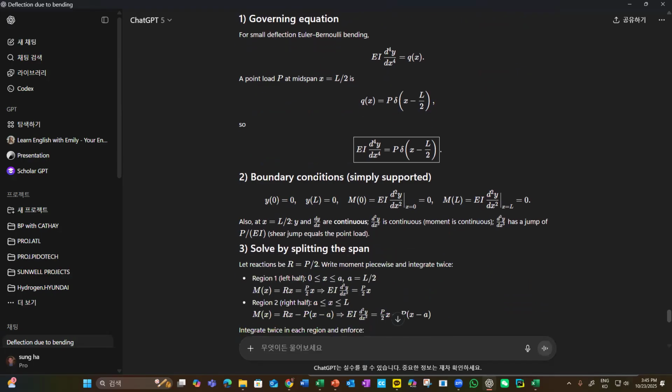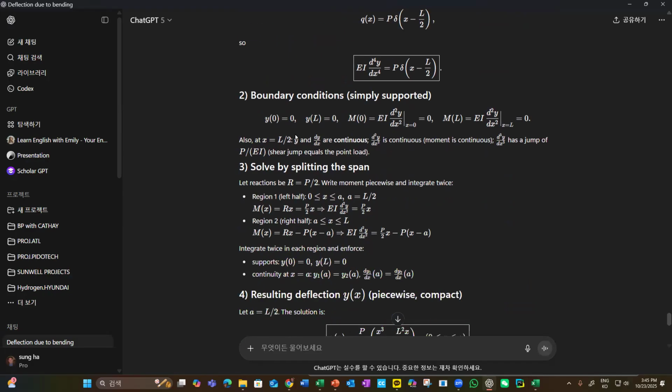Now boundary conditions. How many boundary conditions mathematically do we need? We need four, and physically we already have four. At x equals 0, deflection is 0, and at x equals L, the other end, deflection is 0. Importantly, the moment at each end is also 0.